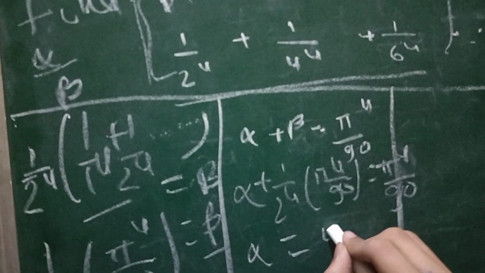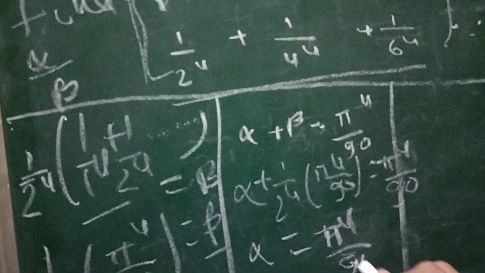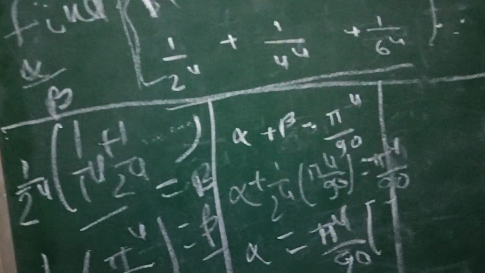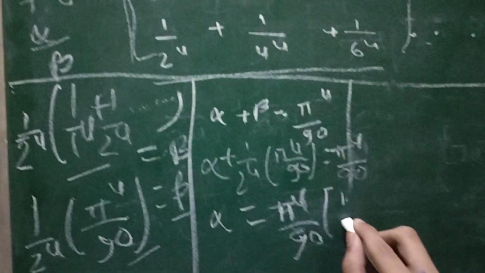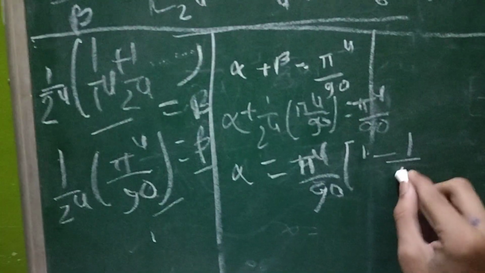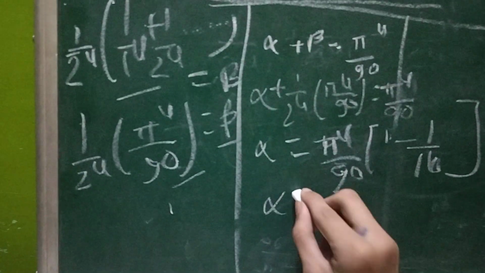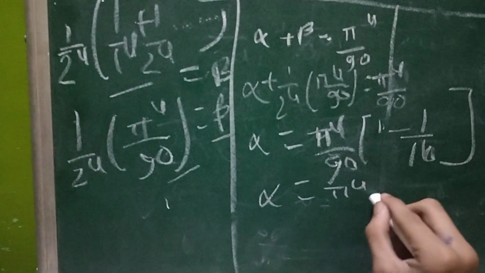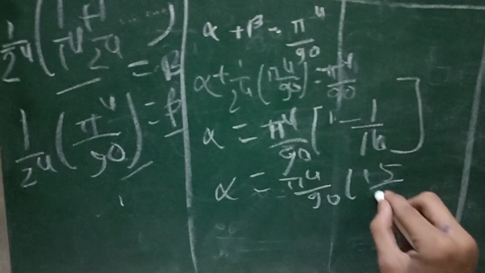Alpha turns out to be, if we take pi to the 4 upon 90 common, and send it that way, 1 minus 1 upon 16. Okay, so alpha's value is pi to the 4 upon 90 times 15 upon 16.